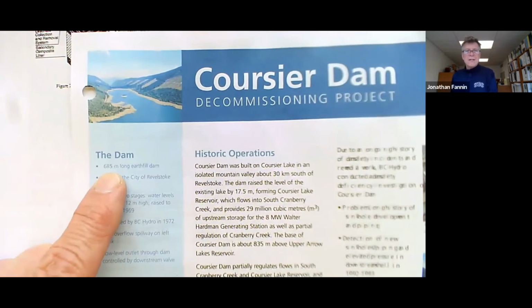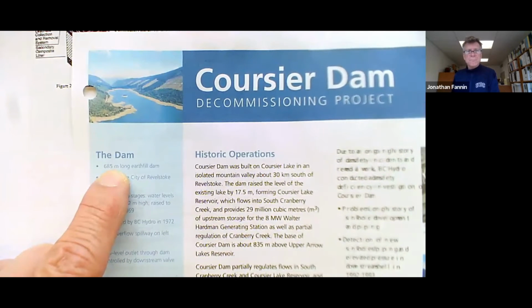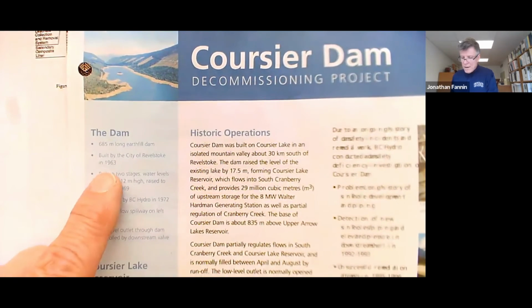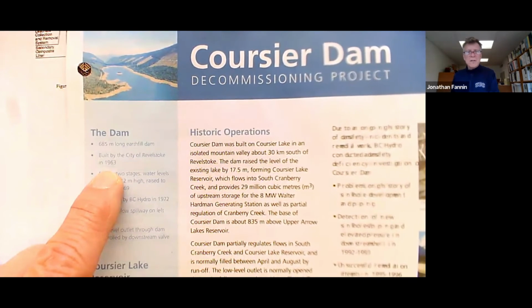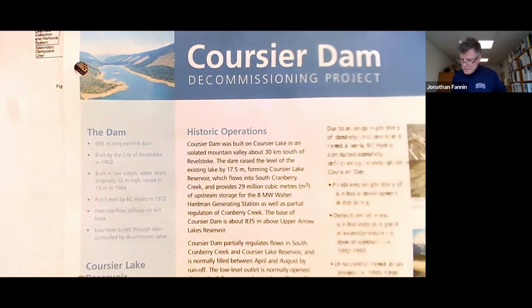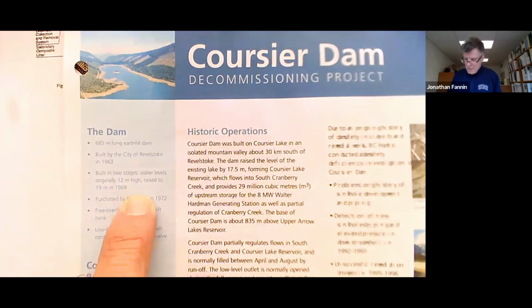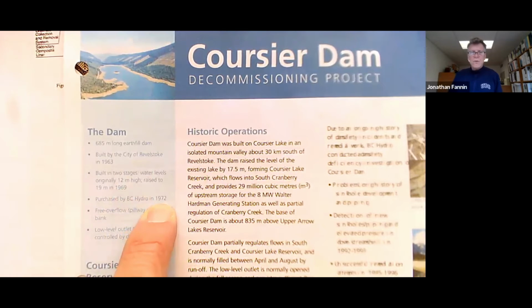It no longer exists. They decommissioned it. Okay, it was an earth-fill dam, about 685 meters long, acquired by BC Hydro from the city of Revelstoke, who built it in 1963, raised it under their ownership in 1969, and Hydro acquired it in 1972.